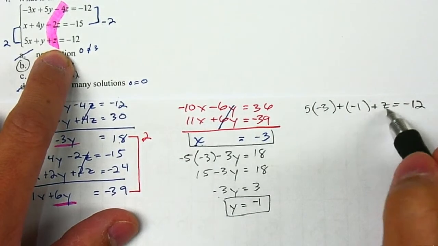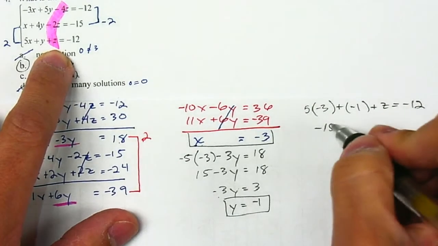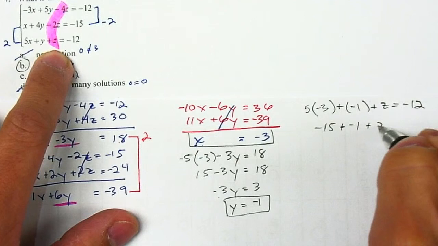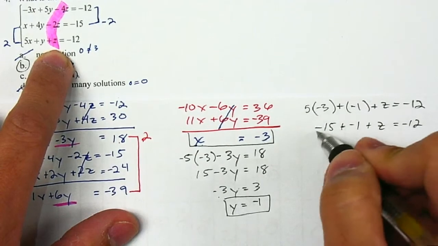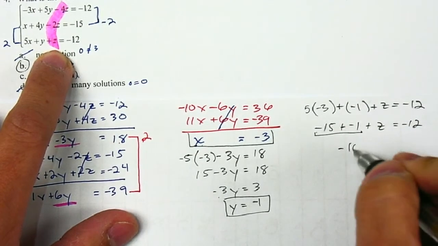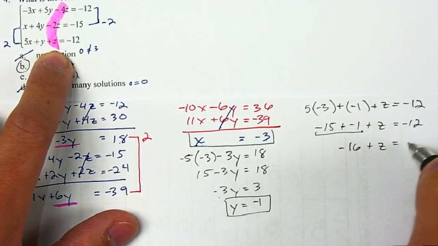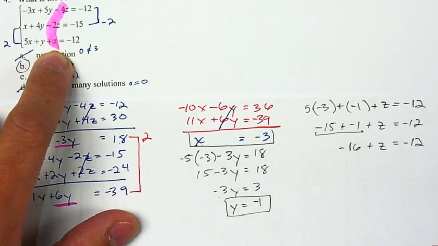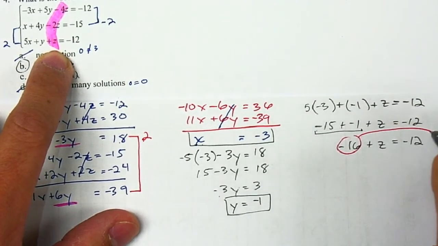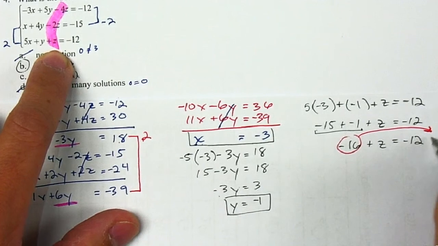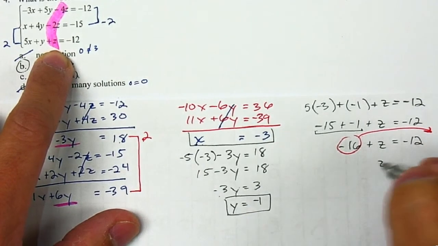And now let's get z by itself. So here I have negative 15 plus negative 1. Combining these like terms gives me negative 16. And lastly, moving the 16 to the other side gives us plus 16 minus 12 is 4.